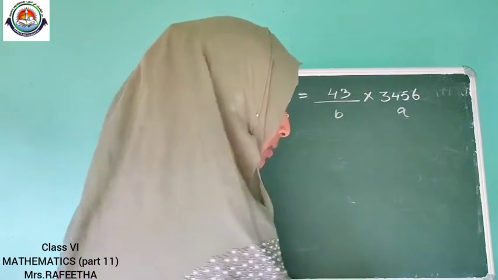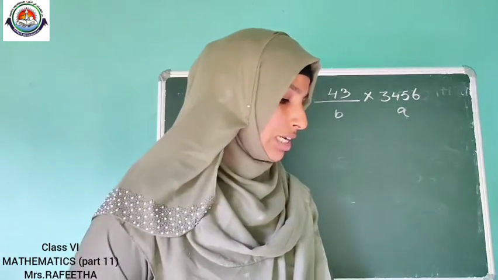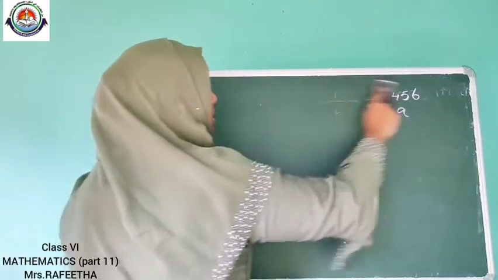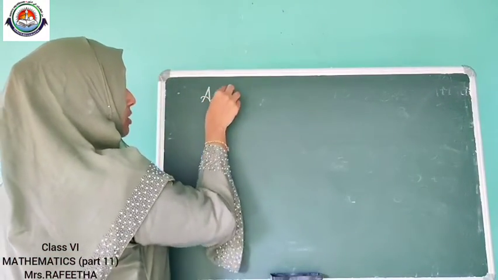So in the properties of multiplication, we studied the commutative property. Next we are going to study the associative property, in the case of multiplication.